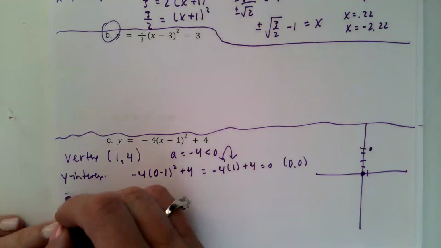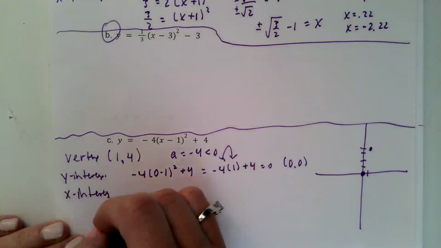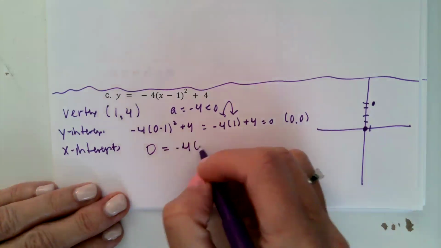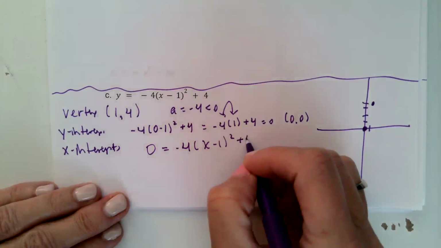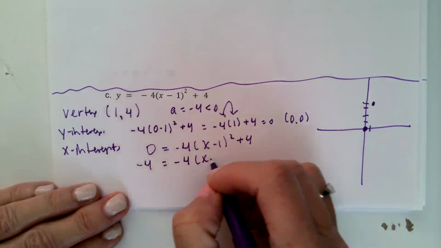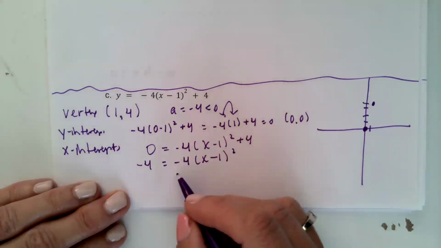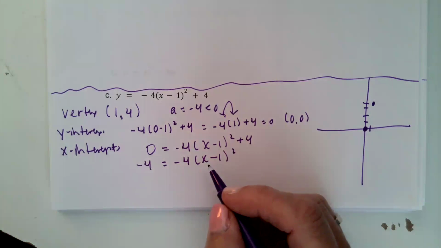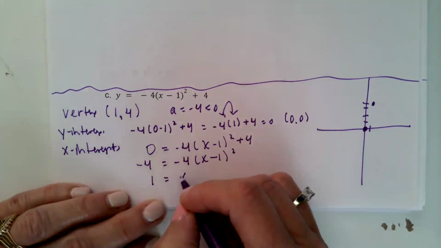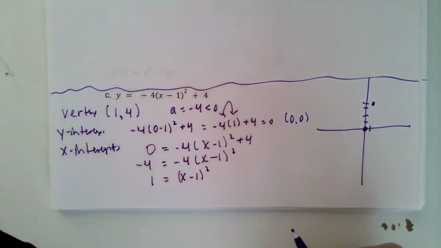Okay, and so let's see if we can find the other x-intercept. So that means I'm setting the whole equation equal to 0. I'm going to subtract this 4 first. So a negative 4 equals a negative 4 times x minus 1 squared. Dividing by a negative 4, I get a positive 1 equals x minus 1 squared.